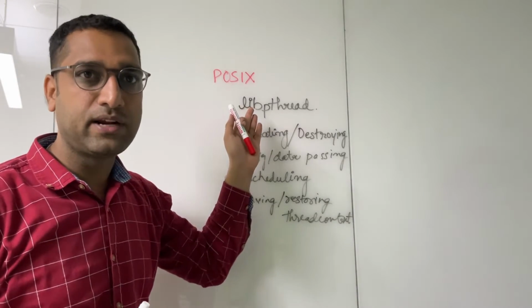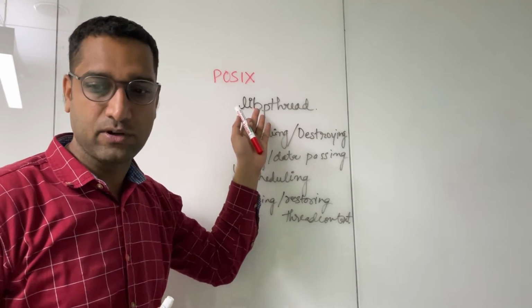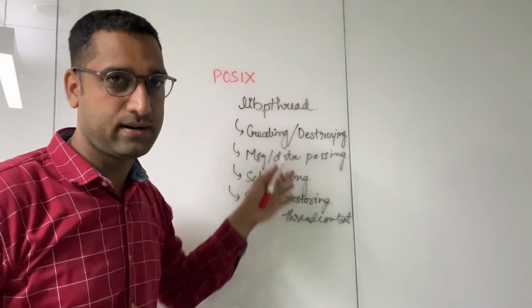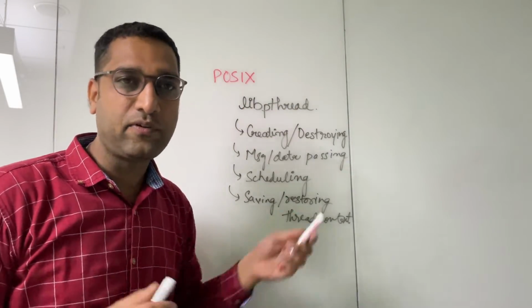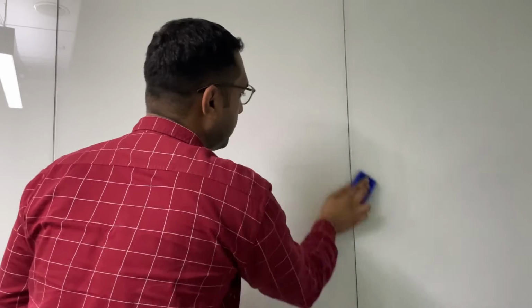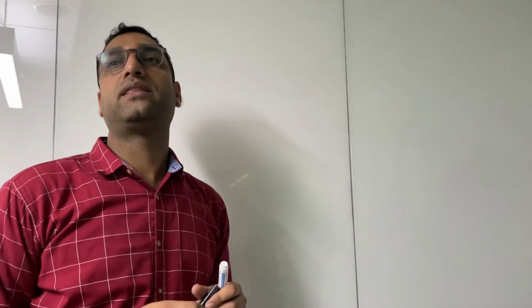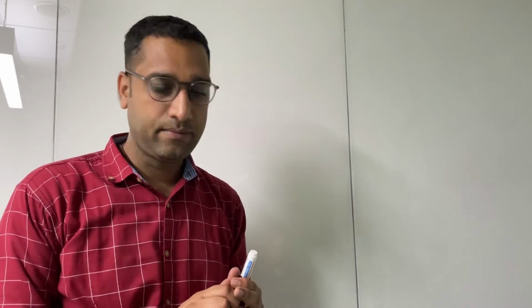Okay, so objectives are clear, and how do we achieve that objective? Through the libpthread library in case of POSIX, and these are the basic functionalities that it provides. First up is a function called pthread_create. I am going to write its prototype first.